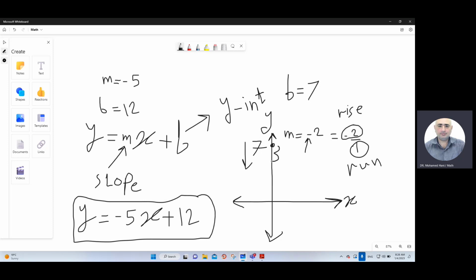So we are here now. Then, because we have 1 here, it means go 1 unit right. So the second point will be here. Then match between the 2 points. You will get the linear. Okay, Mila? Done?